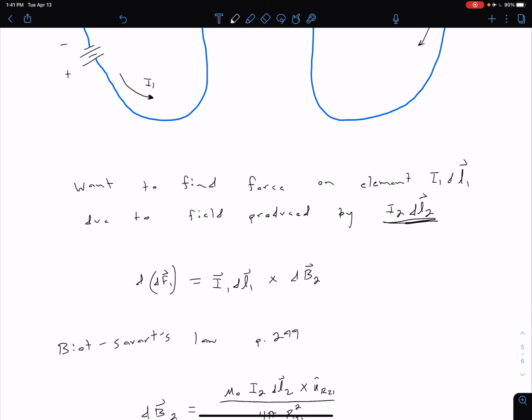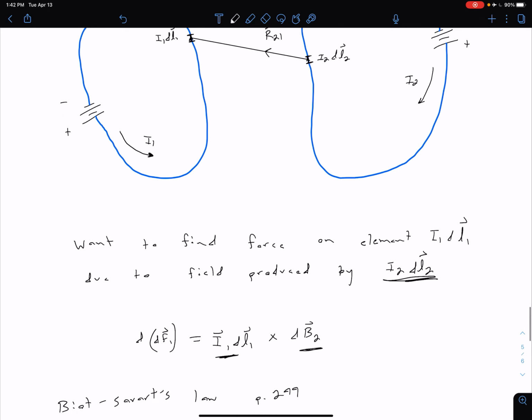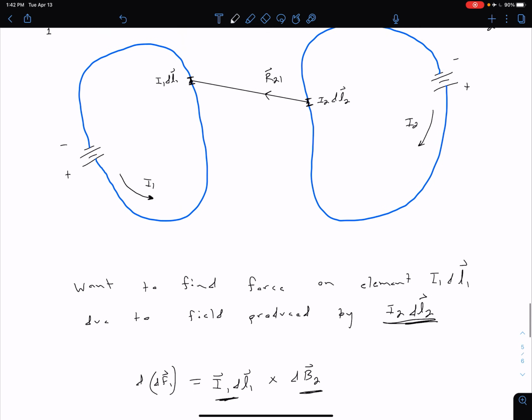So we know in general that it's going to be I1 cross B2. And so from the right-hand rule, if we put our thumb in the direction of our current, in particular this differential current, I2 dl2, we see that our fingers are coming out of the page, curling towards us at this point over here.